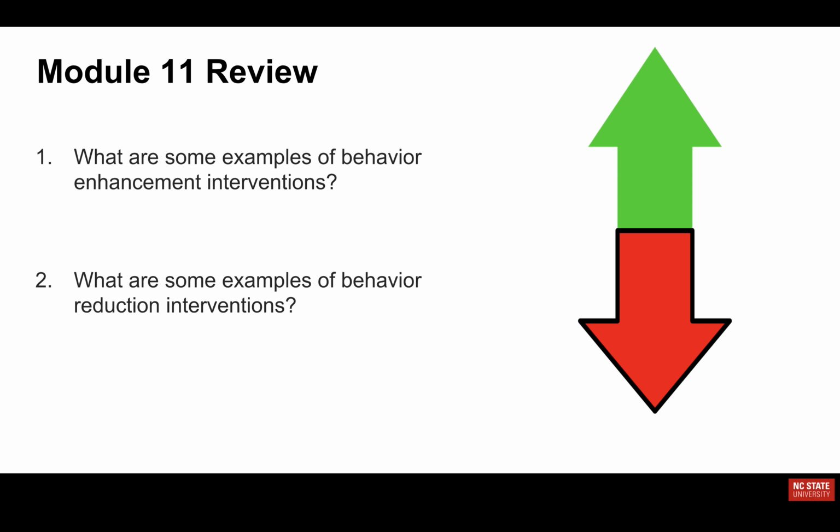If you feel like you're still a little murky on those, be sure to go back and revisit Module 11. You can also go back to Module 4, I believe, where we talked about more applied behavior analysis strategies, to get some in-depth information about how to implement those strategies as well.